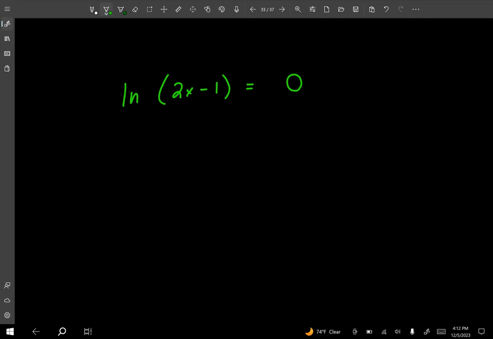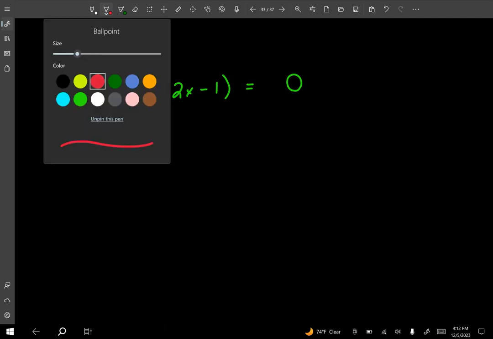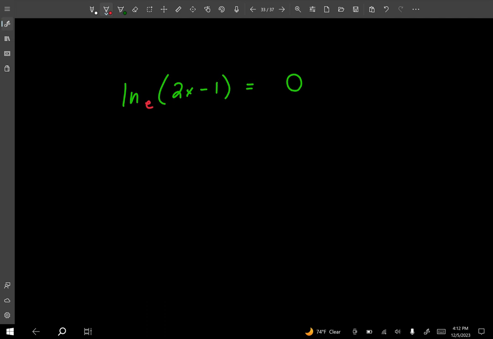Remember that the natural log is just a normal logarithm, but with a base of e. So if I were to put that in here, it's a little base of e, right? So that means that I really am wanting to make this the exponent of an e. And same thing on this side.